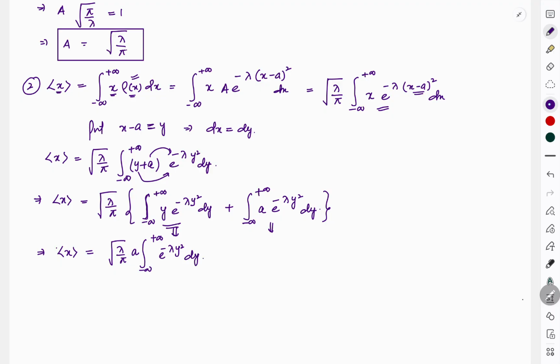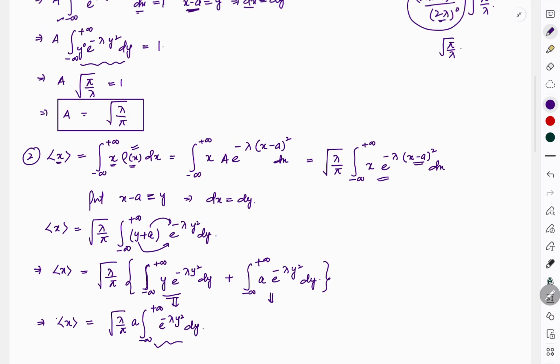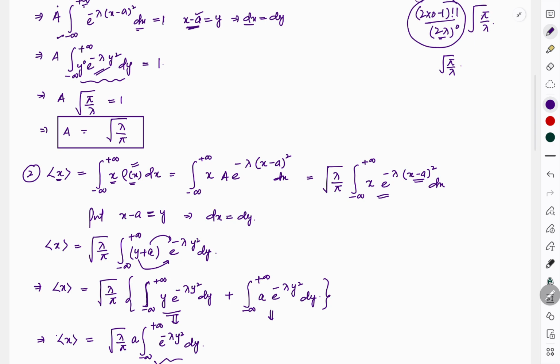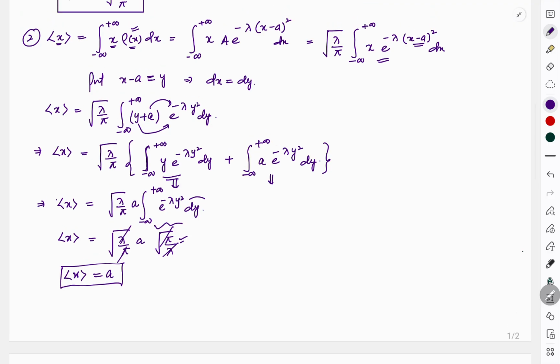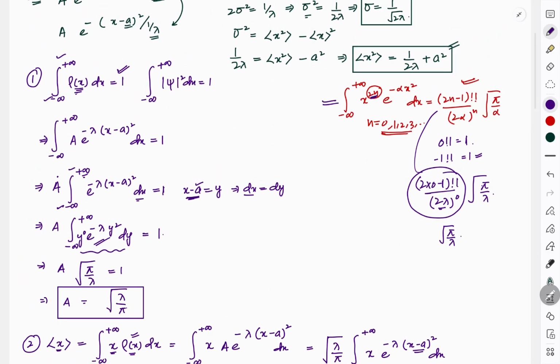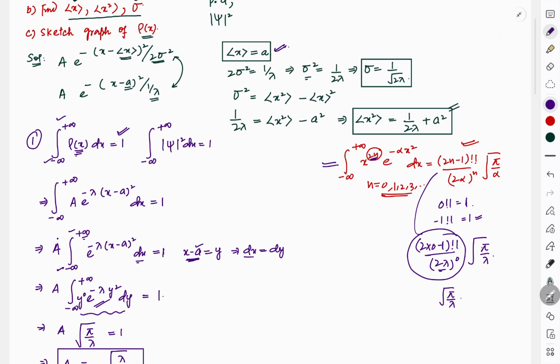Now we already know this integral, we already evaluated it here. It is root of pi by lambda, so expectation value of x equals root of lambda divided by pi times a times root of pi by lambda. This one is from this and this one is from the normalization constant. So this whole gets cancelled, and there remains only expectation value of x equals a, which is exactly the same answer we found by using the comparison method.